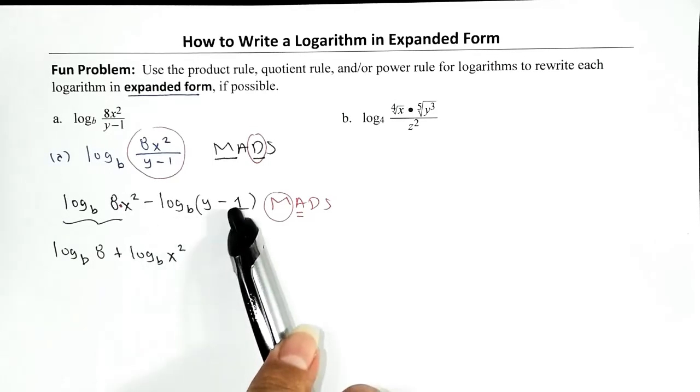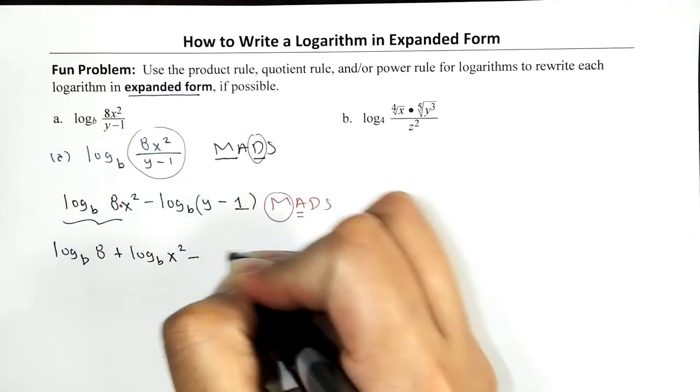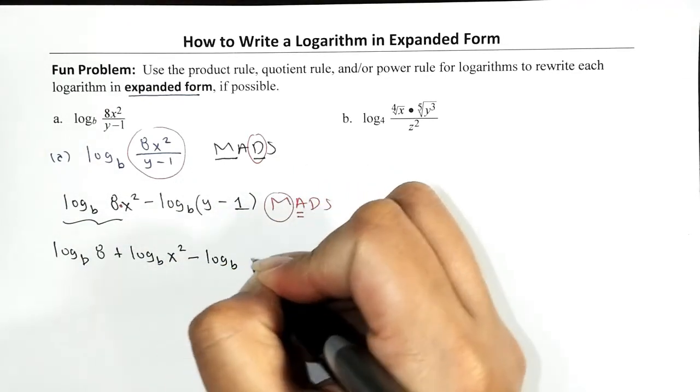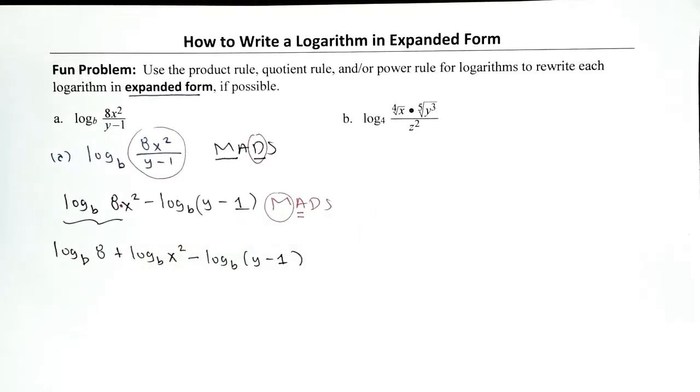But this bad boy is not being raised to any power, so that's simplified. So let's bring it down. Minus log base b of y minus 1. So we have done an excellent job of expanding the logarithm. So remember, when you're asked to expand the logarithm, that's just code for write it as the sum or difference of logs.